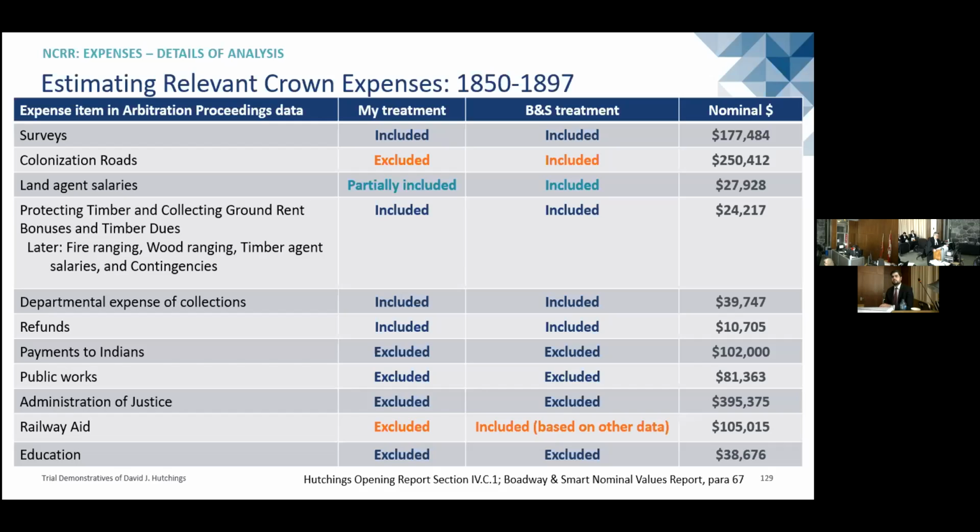Now, I just want to take you, before we leave this slide, to the issue of surveys. The previous slide said you included them conservatively, completely. Yes. And this chart on slide 129 says you included them. Yes.